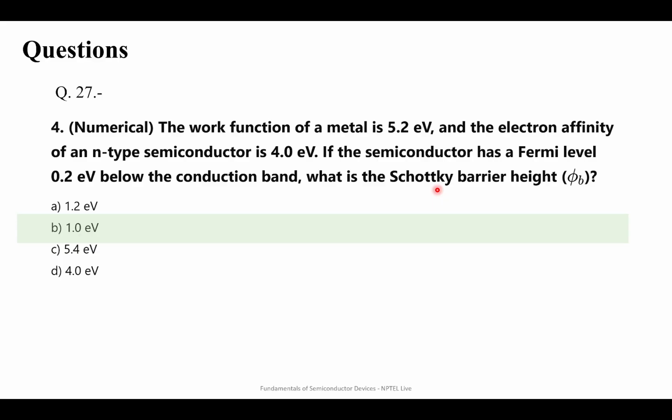In some cases your built-in potential and your barrier height are considered the same, and in some cases the barrier height is considered the energy that electrons have to jump to go to the metal. Electrons are sitting in the conduction band and they have to jump to the metal. So there you calculate the barrier height between the conduction band and the metal, which comes out here as 1.2 eV.